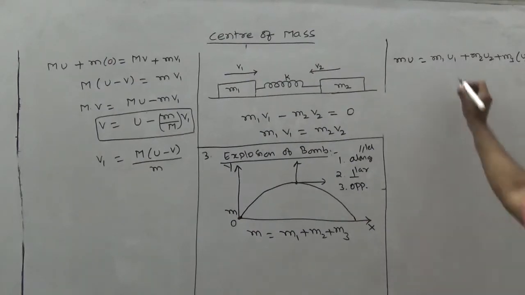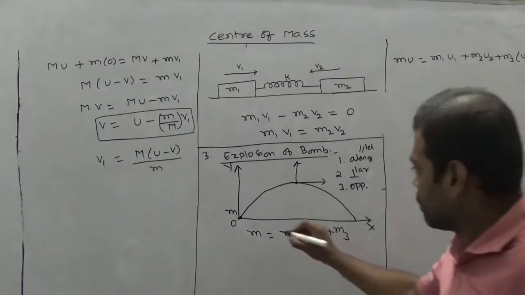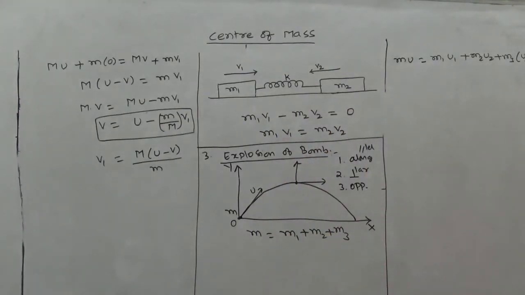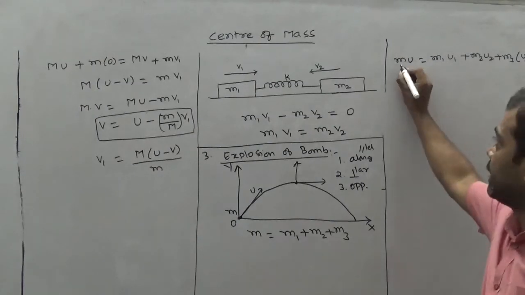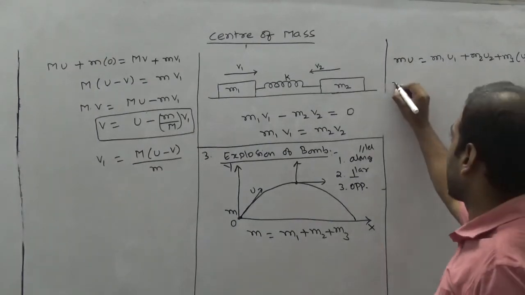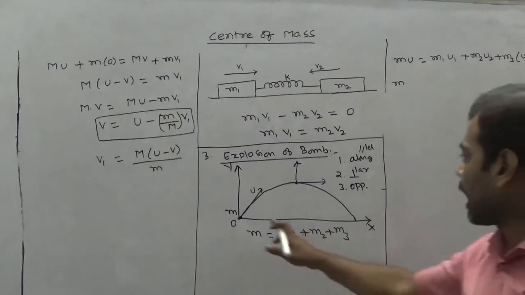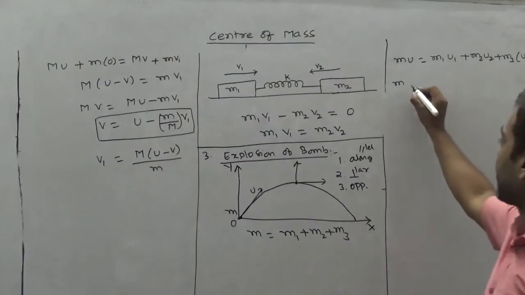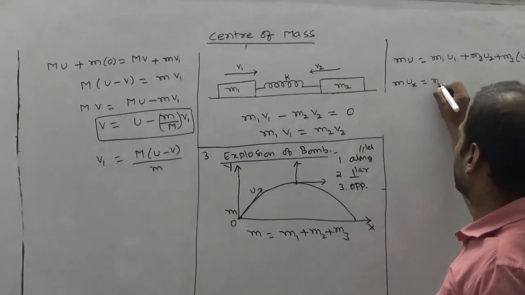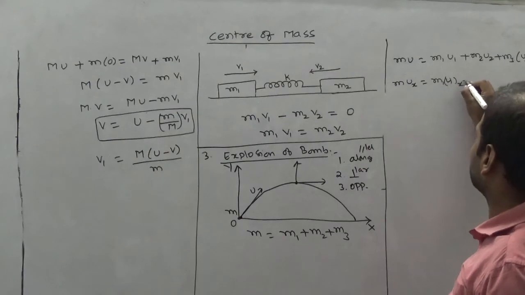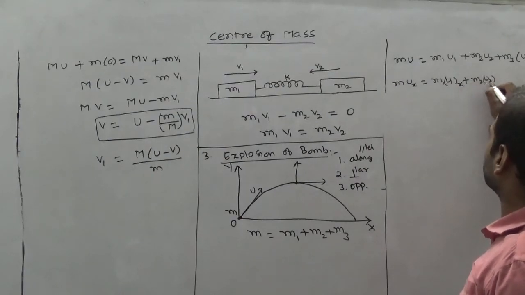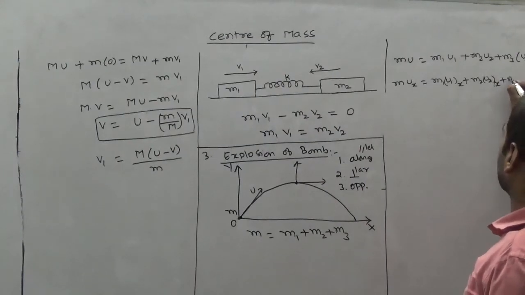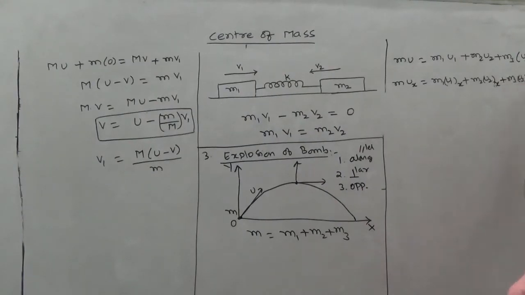Now, we are projecting with a velocity u. Here I am considering the x component. I can write m into ux equal to m1 u1 of x plus m2 u2 of x, for the second fragment along the horizontal direction, and m3 u3 of x.